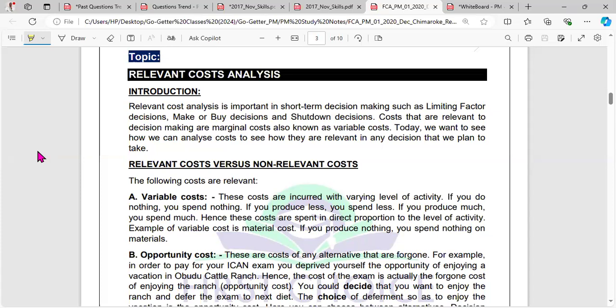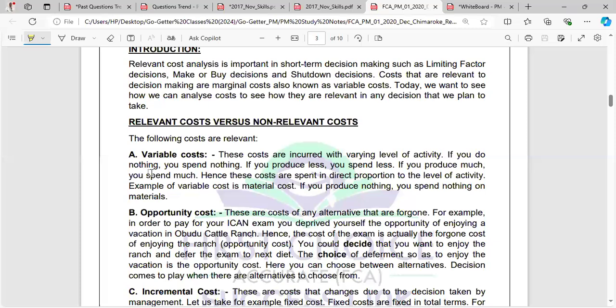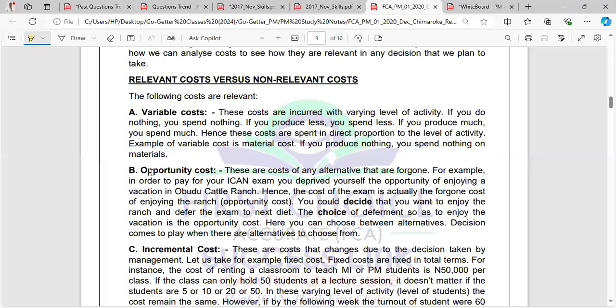All of these are relevant to decision making. And at the heart of that is marginal costing. Now, how can you know which costs are relevant and which costs are not relevant? Now, let's see. The relevant costs, we have variable costs.